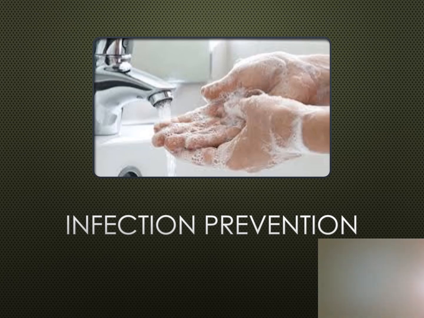Now, clean gloves for insertion. Sterile if you're doing a sterile procedure such as the central catheter. Thoroughly scrub that insertion site with an appropriate skin antiseptic and allow it to dry completely. Touch the cleansed skin only with sterile gloves.